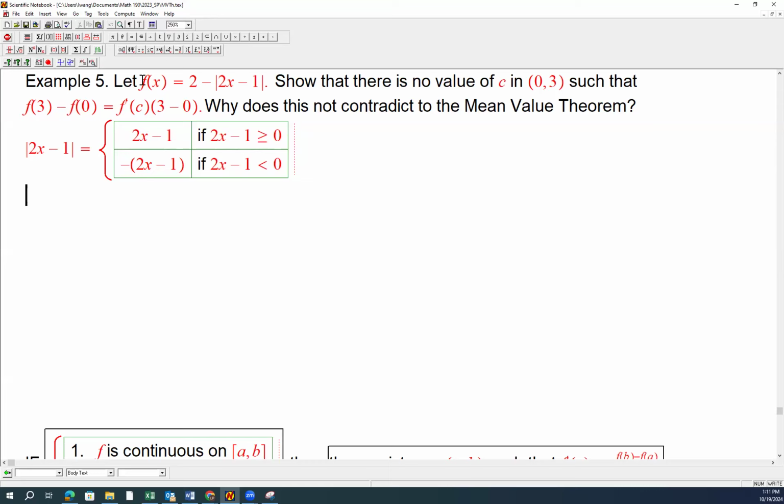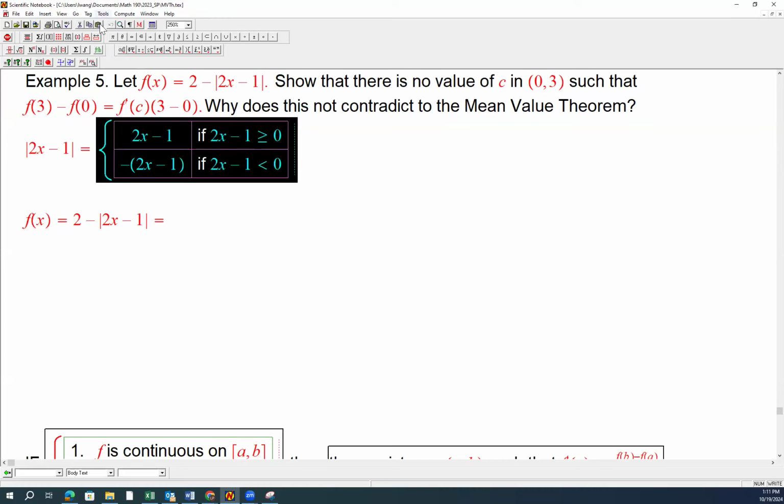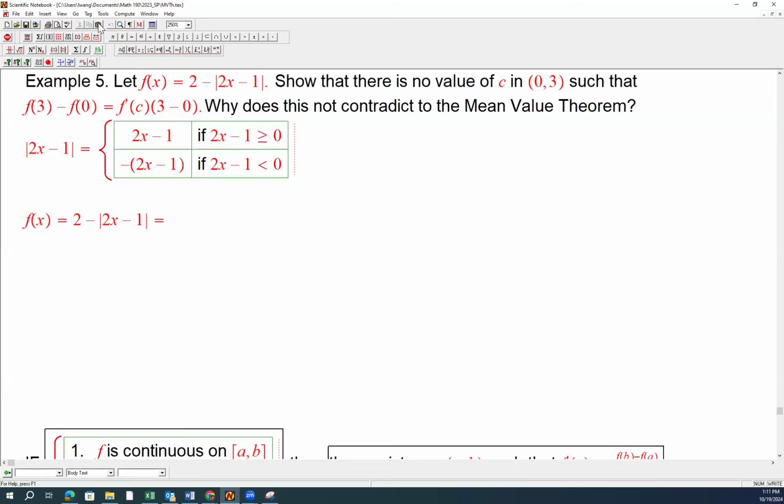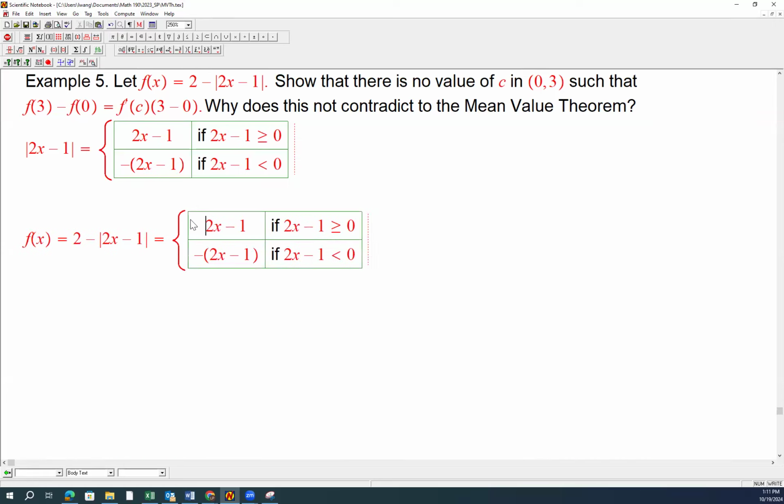So when we have this situation, the function f will be made into two branches: 2 minus that, and 2 minus that.